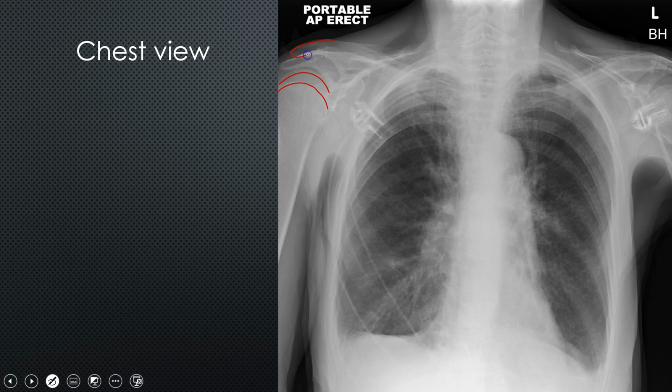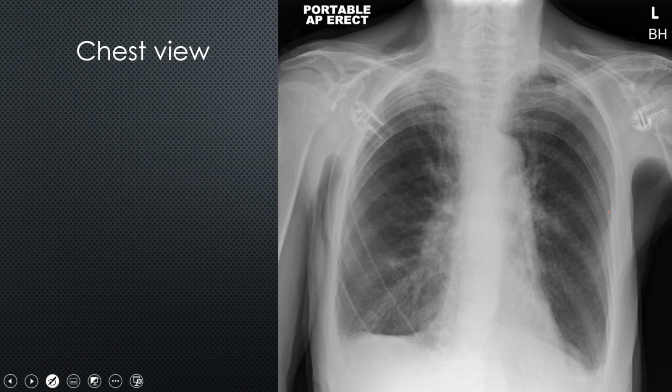Here's part of the acromion here and another acromion there. Or if you're looking on the left side, here's the superior angle of the scapula and this one here. So it looks like we have double the chest. And even looking at the ribs, we can see multiple cortices present.